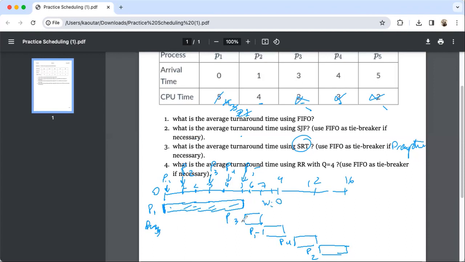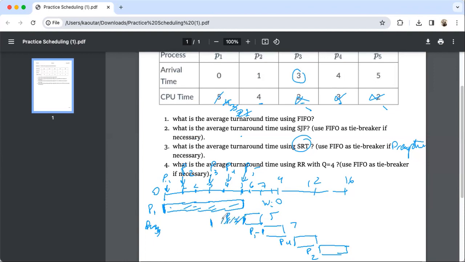P3 had to wait for 5 units or 5 milliseconds, and then P5 started at 7. So it had to wait for this entire time since it arrived. So it arrived at time 3, so it waited from here to here, right?